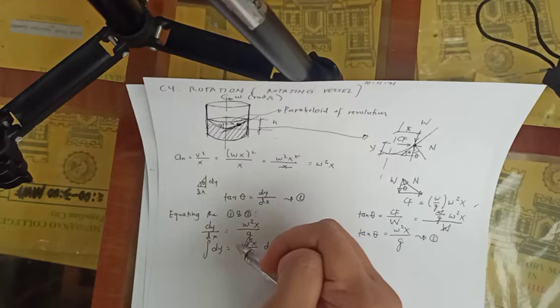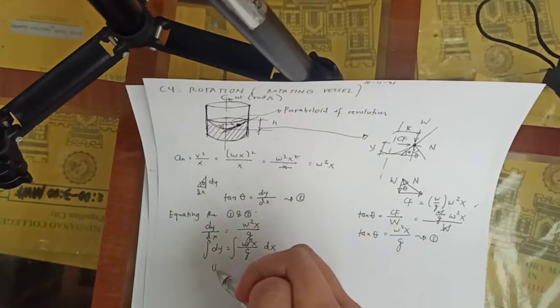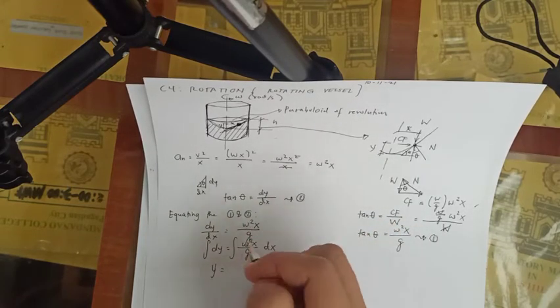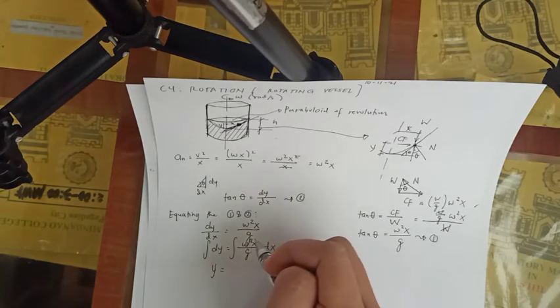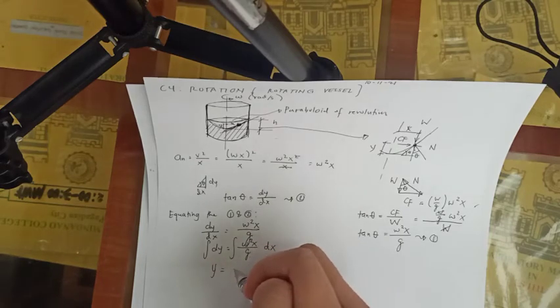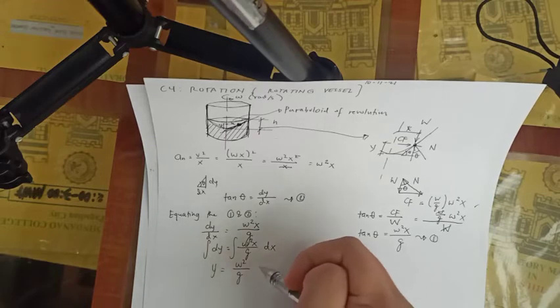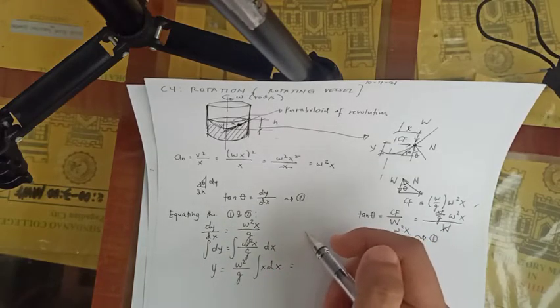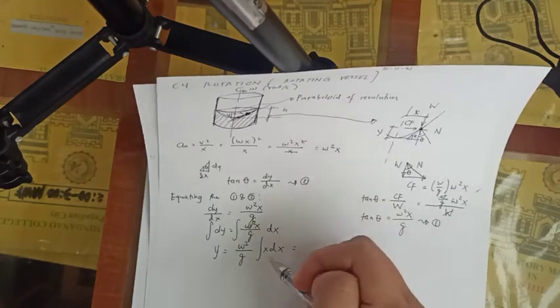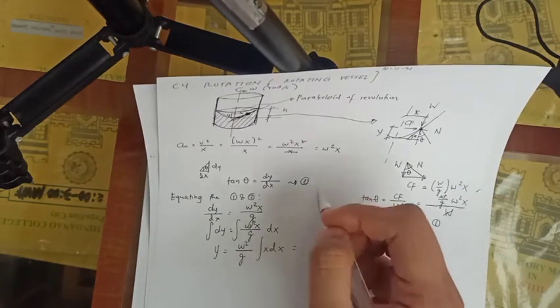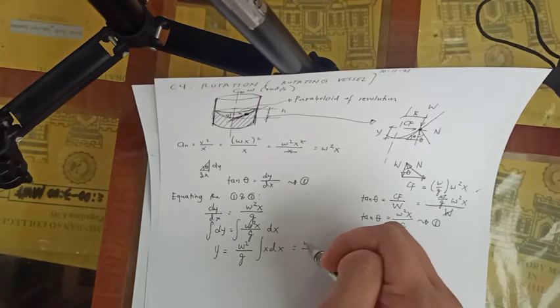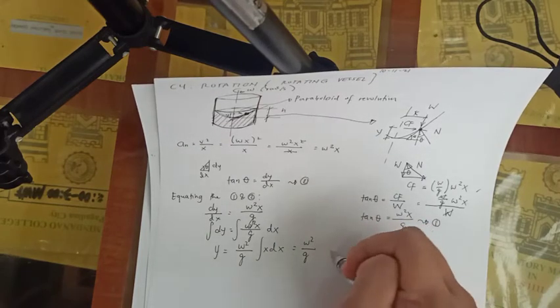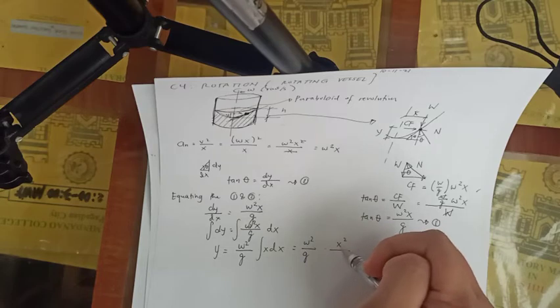So we can integrate both sides. Therefore y equals, since omega squared over g is constant, we take it out. Therefore the integral of x dx is x squared, x to the power 1 plus 1 over 1 plus 1, so 2.